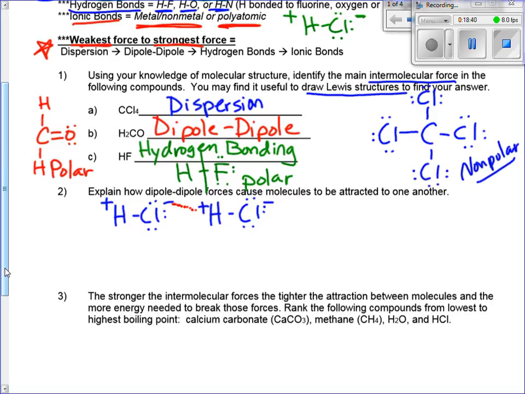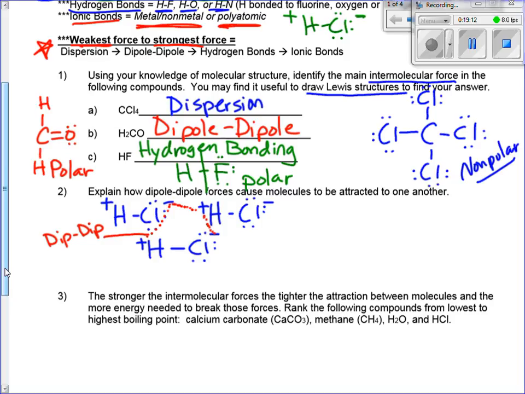I could also put another one down here. Oh, and look what's going to happen. This positive will attract to that negative. This positive will attract to that negative. And all of those red lines here, these are dipole-dipole forces. Okay, they're between the 3 molecules. That's why we call them intermolecular forces. Okay?